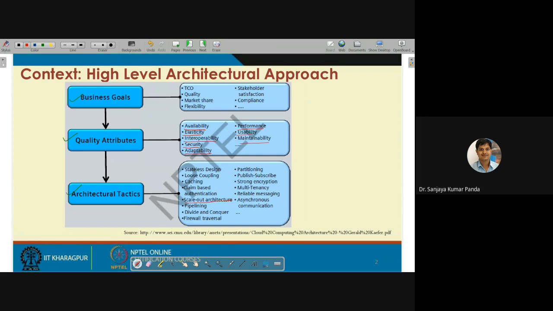Similarly, strong encryption, multi-tenancy is another important factor, right? Like interoperability, I told you, right? Interoperability, you have to look into multiple factors. Multi-tenancy, you can say it is an architecture in which a single instance of a software.